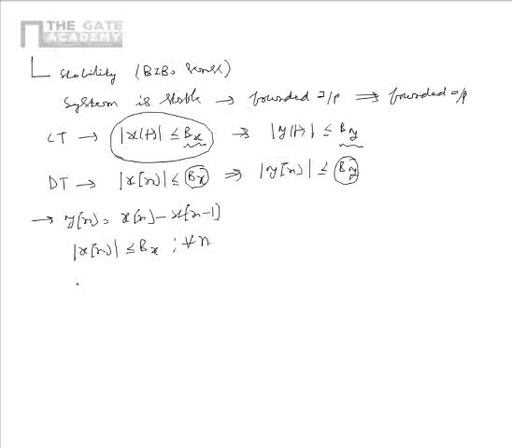This is true for every n. Now we have to find mod of y of n. This can be written as mod of x of n minus x of n minus 1. Also, we know that this is less than or equal to mod x of n minus mod of x of n minus 1.